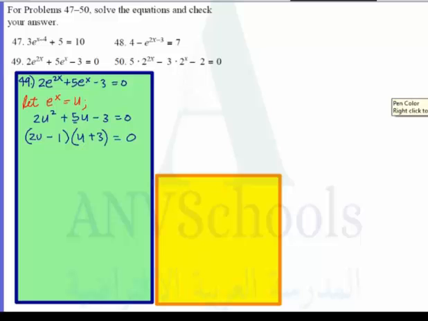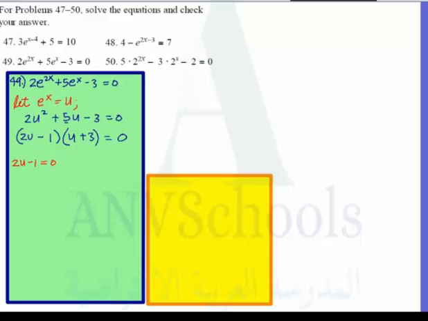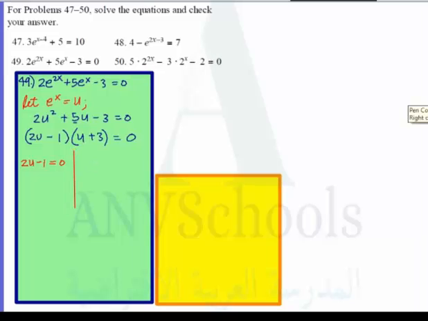So we're going to deal with it by taking the individual factors, equating them to 0, and getting the values for u. So for the other factor, u plus 3 is equal to 0. And in here I have u is equal to 1 over 2. And in here I have u is equal to -3.